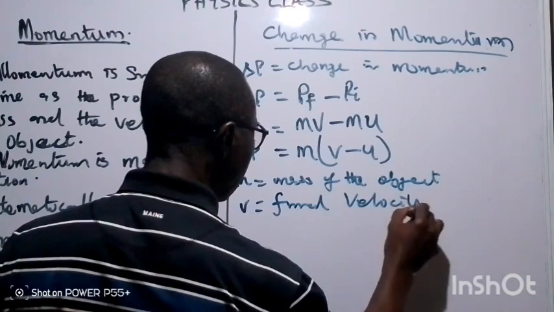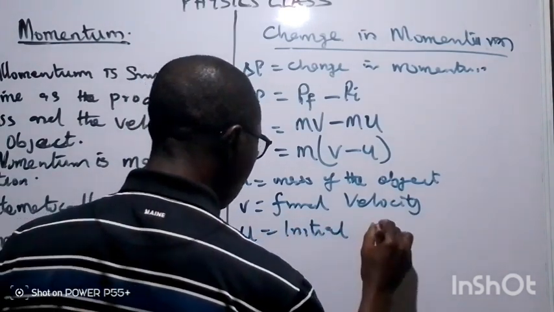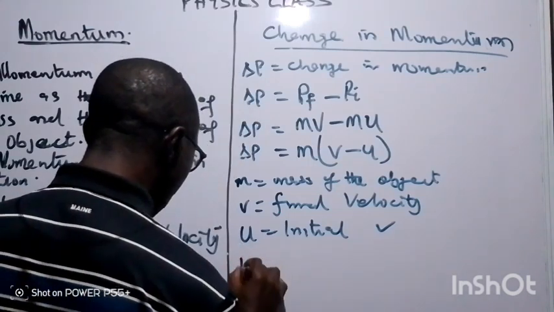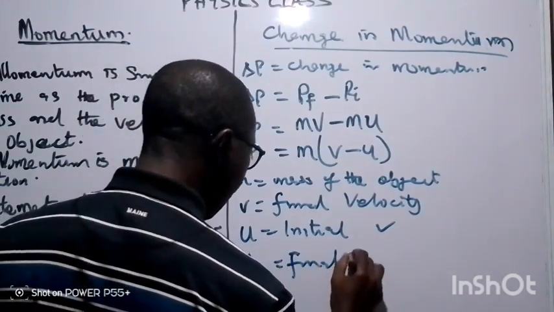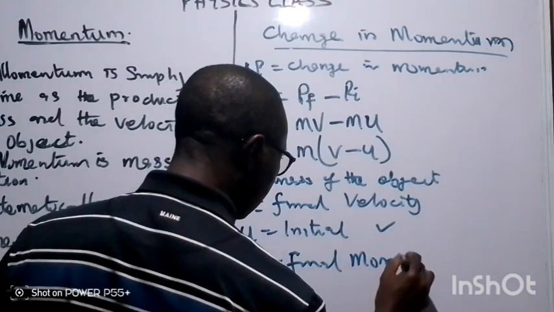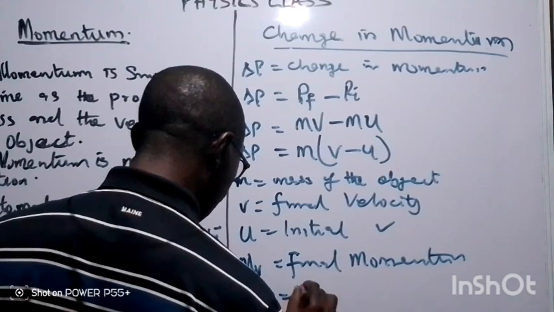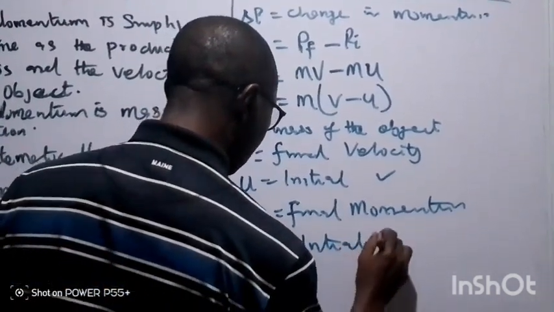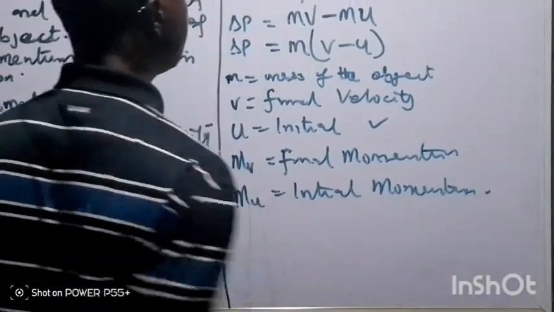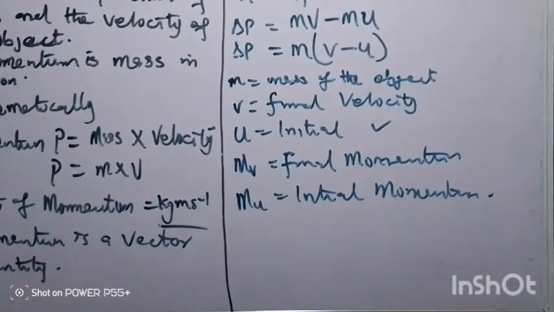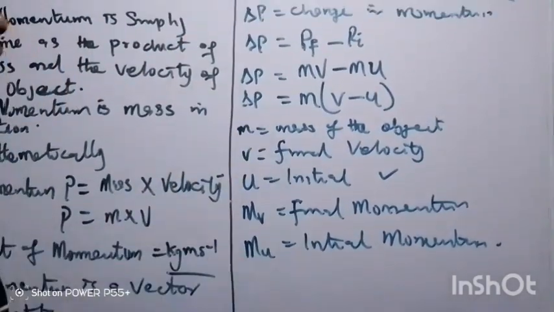U is the initial velocity, where mv is the final momentum, and mu is the initial momentum. So that is what we mean by change in momentum: there will be change in velocity, although the mass of the body remains constant.